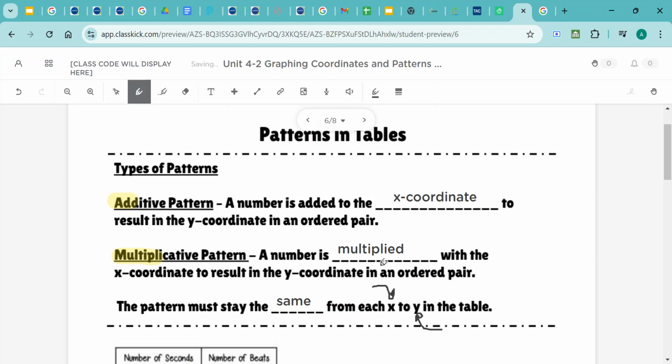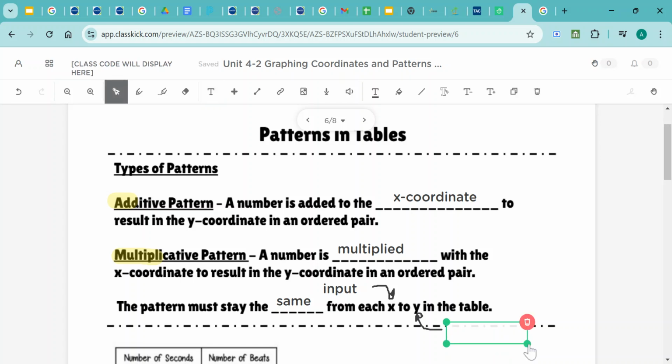Let's label both of these because some of you may have remembered this from fourth grade. So x is the input. It's what we're putting into our input machine. And once we input that, we're going to apply some rule to it, and it's going to shoot out a y. That's our output. Okay, so let's go ahead and look at a couple examples.